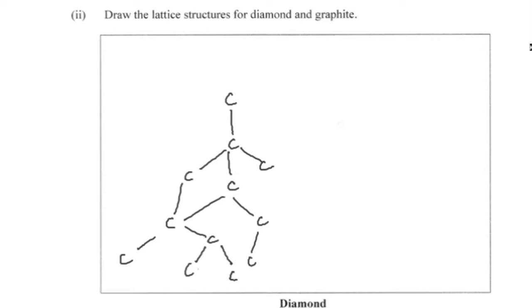So we could have gotten the marks for just drawing this portion. All right, so that's fine. And these we can just say that these are strong covalent bonds.